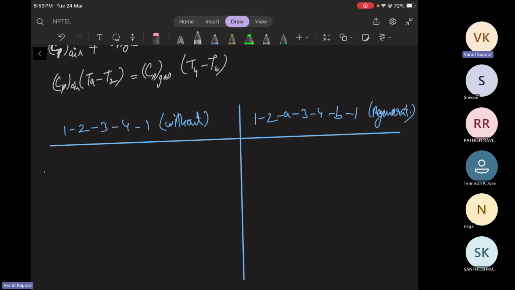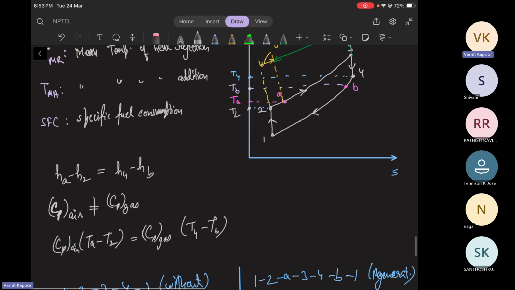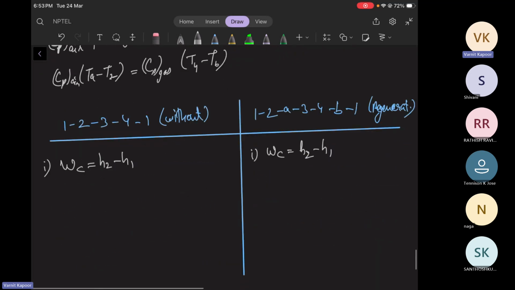So let us write it point by point. Earlier, the work by the compressor was H2 minus H1, the enthalpy change from 1 to 2. This will again be the same for regeneration as well, H2 minus H1, because compression is going from 1 to 2. Next is work done by the turbine, H3 minus H4.